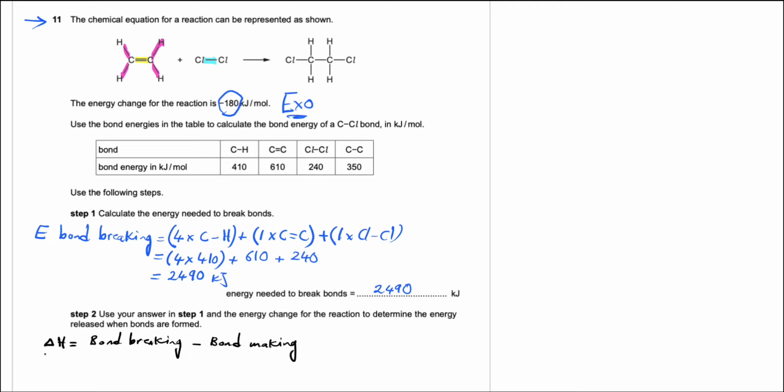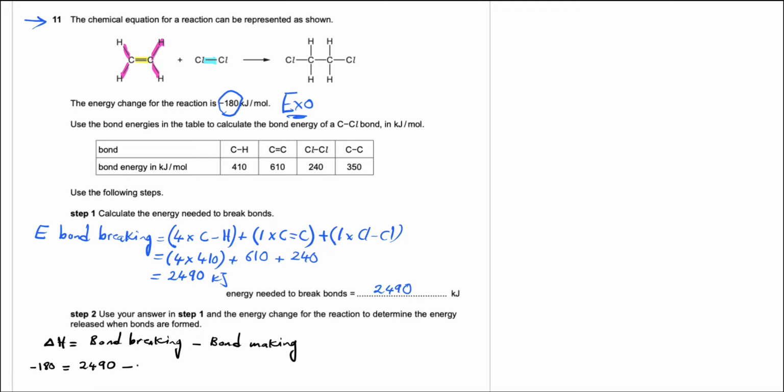So the overall energy, delta H, was given to you as negative 180, and the bond breaking, we've just calculated, it was 2,490 minus the energy for the bond making.